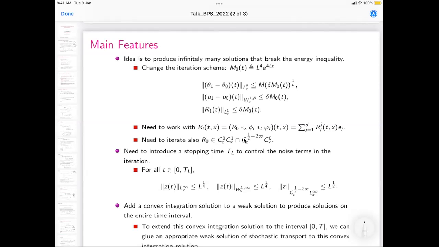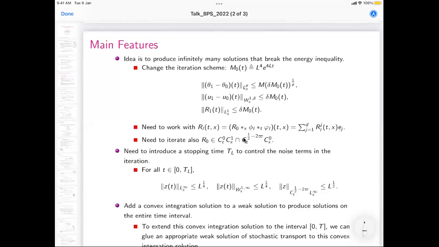So technically there are also challenges. For example, I cannot work with R0. For technical reasons, I need to modify R0. I will not be able to give you details why, but for the stochastic case, I need to modify. And once you modify, you see that there is a term like R_L minus R0, the modified version of R0 in R0. You need to estimate that as well. And for that, I will not be happy with only propagating this.